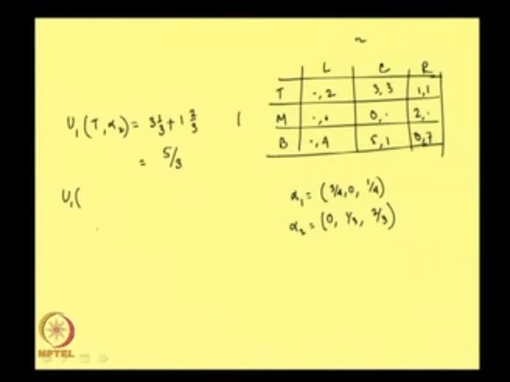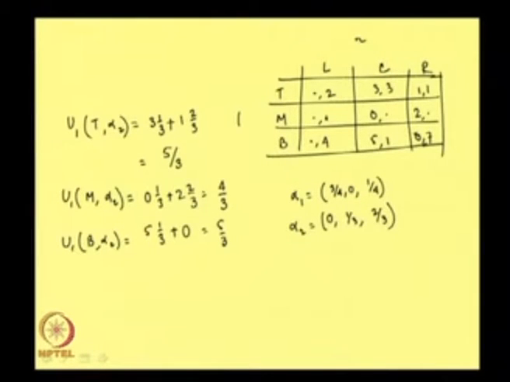The expected payoff to player 1 if he plays M and the other player is playing alpha 2 is 0 multiplied by 1/3 plus 2 multiplied by 2/3, which is 4 divided by 3. For B, again it is going to be 5 divided by 3 plus 0, so this is 5 divided by 3.